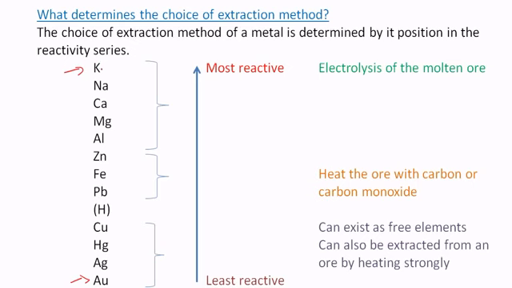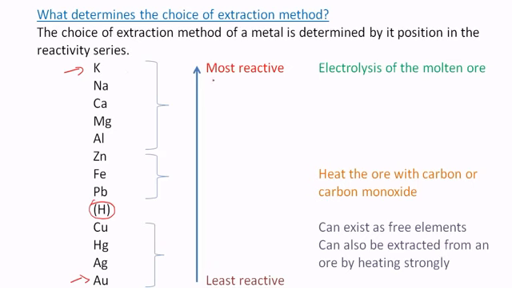So reactivity decreases down the series, or we can say that reactivity increases up the series. So at the top, potassium is the most reactive, and at the bottom, gold is the least reactive. And we usually put in hydrogen as a reference within the reactivity series.